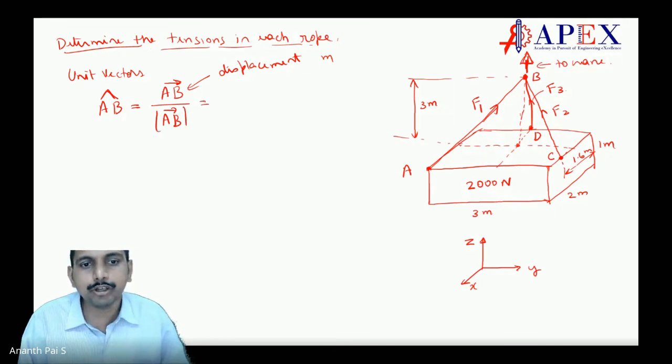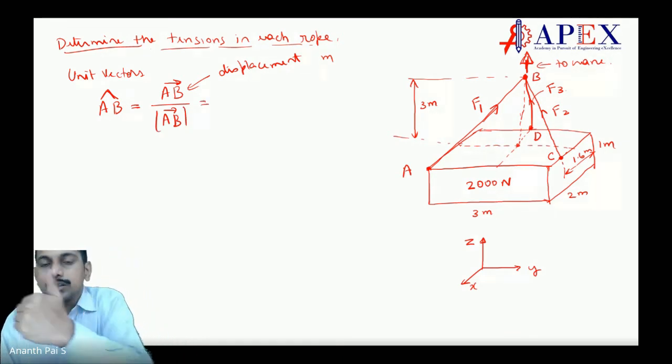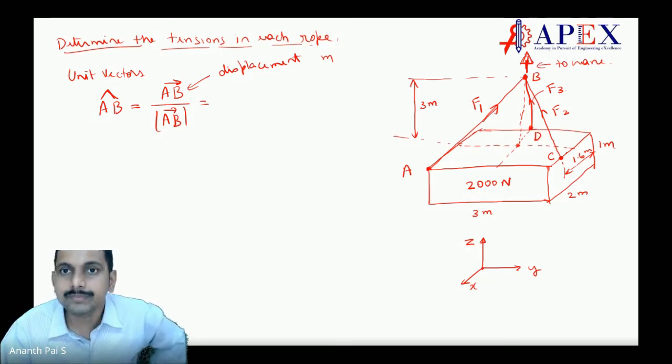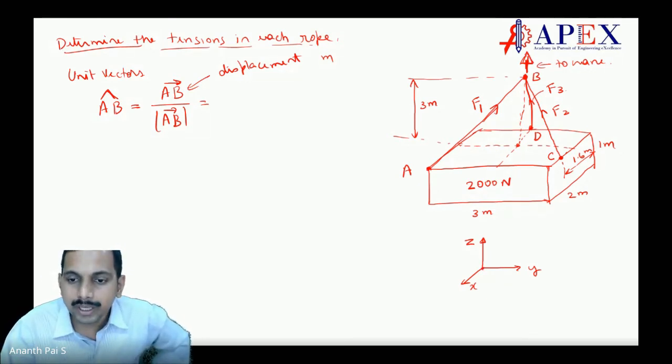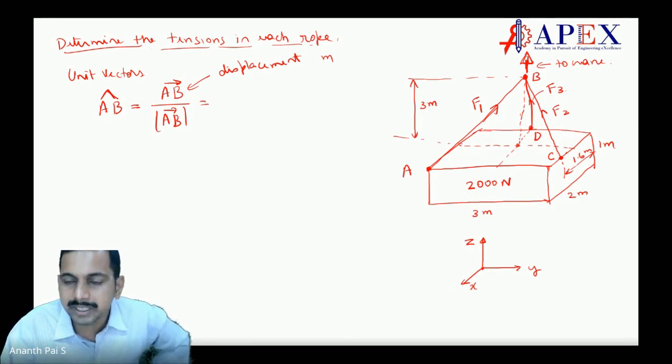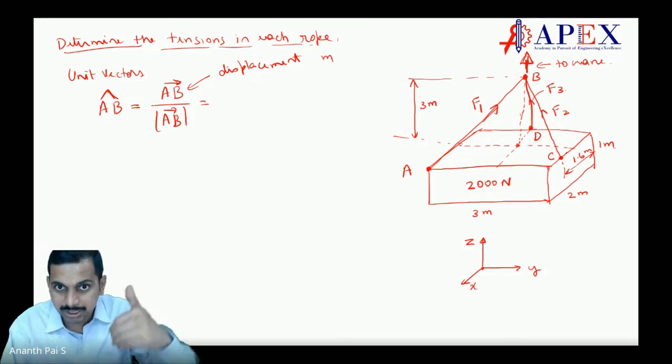Now, first of all, to find out what is AB unit vector, how do you do it? We have to see the coordinates, and we have to see from A to B when we go. What is the distance between A to B? Now, one more point here, I am telling concepts in a question.